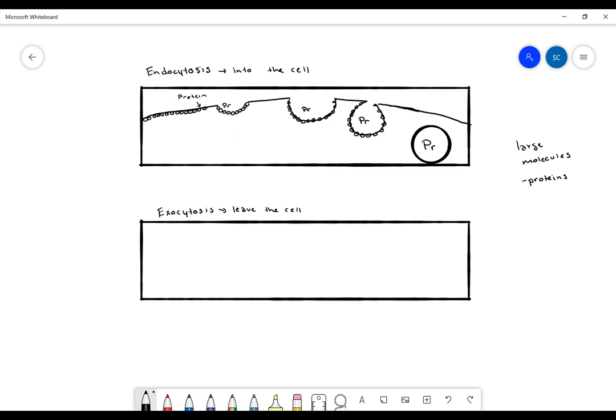So this would be proteins that have just been synthesized and need to be used by another cell, or in a different space, or removing large amounts of waste products that the cell has created that it needs to get rid of really quickly, instead of just letting those wastes naturally flow out of the transport channels or the gated protein channels. This just kind of lets it get rid of a lot all at once through exocytosis.